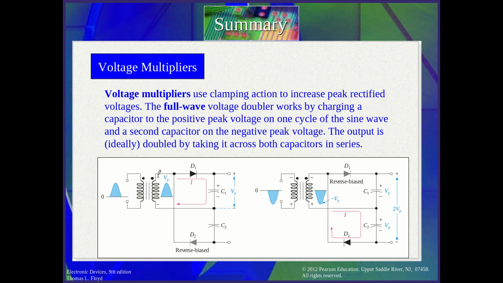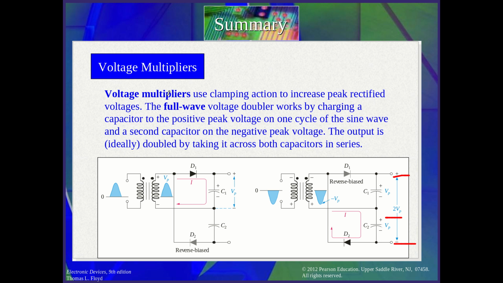Okay, now D1 in the positive half cycle will charge the capacitor C1, and in the negative half cycle D2 will charge C2, the second capacitor. Okay, now if you take the output from here to here, over the two capacitors, you will see double the V peak.